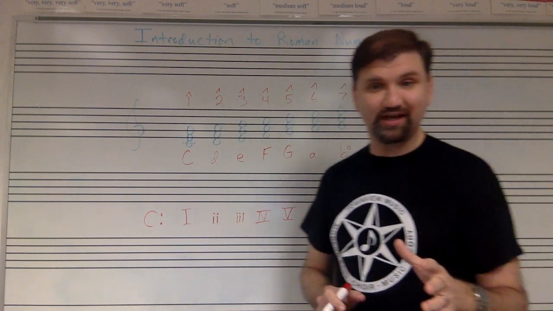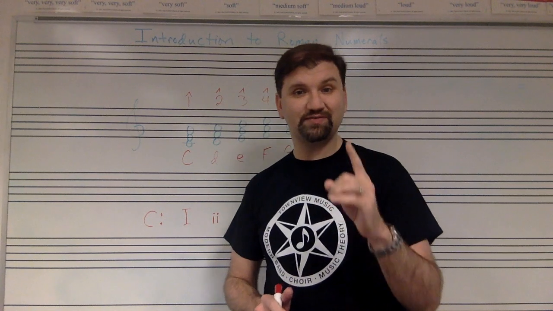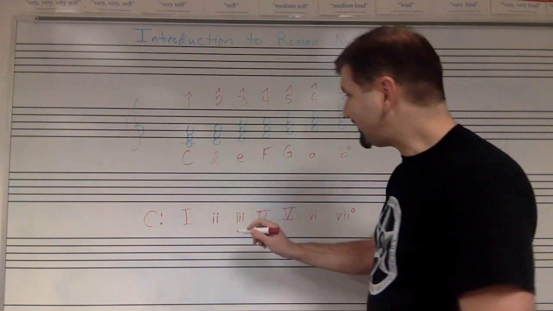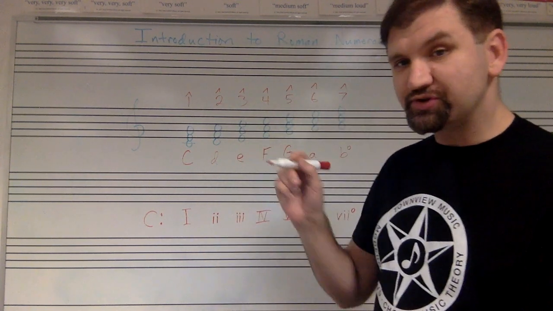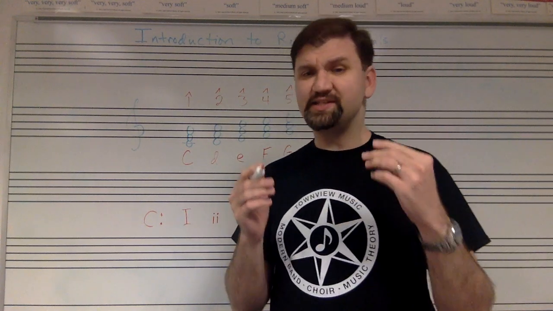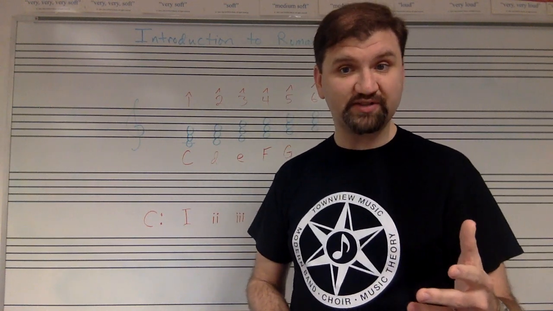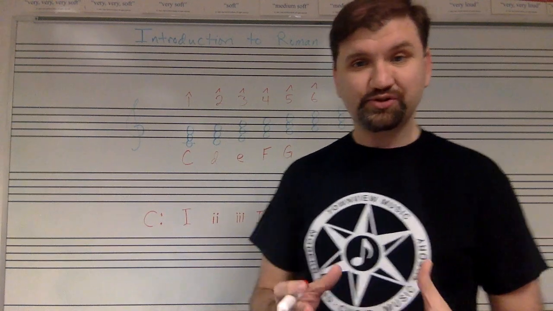Now, if that weren't enough, I mean, it would be, but if that weren't enough, there's more. Because every major scale has the same pattern of whole steps and half steps, and every major scale, by extension, has the same pattern of intervals. That also means that every major scale has the same pattern of chords.